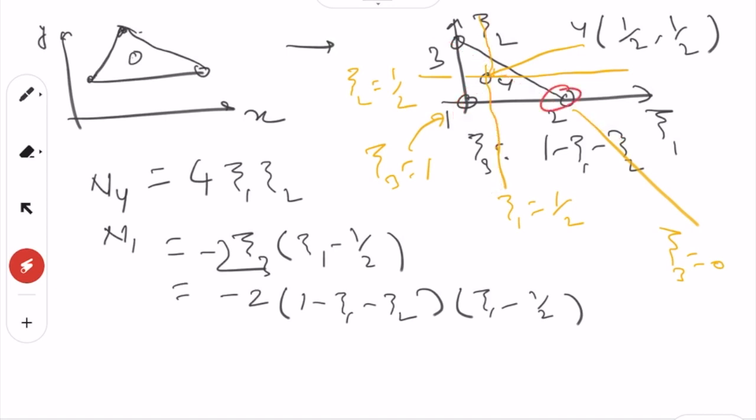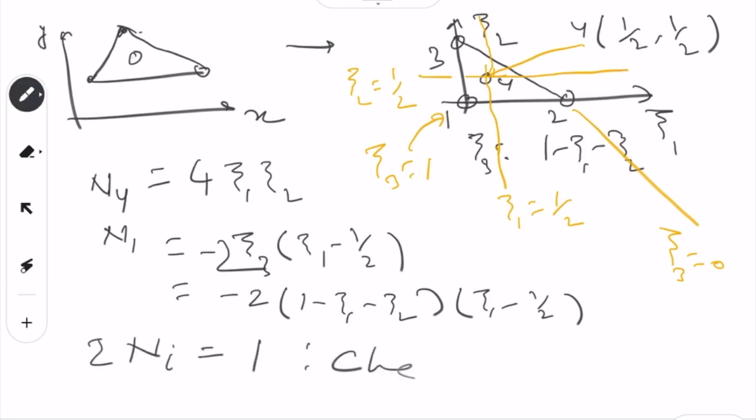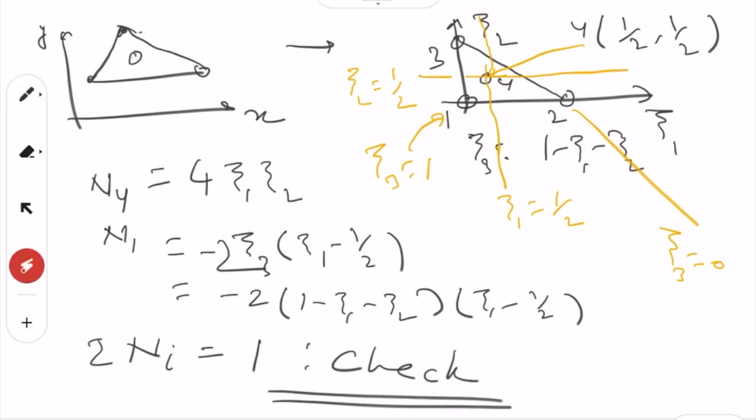For this one you can have this multiplied by this, for this one this multiplied by this one, and accordingly you can find out. You have to check though at the end that the summation, so it's very important that all the shape functions should add to 1. But this is in general how you should attempt at finding out the shape function.